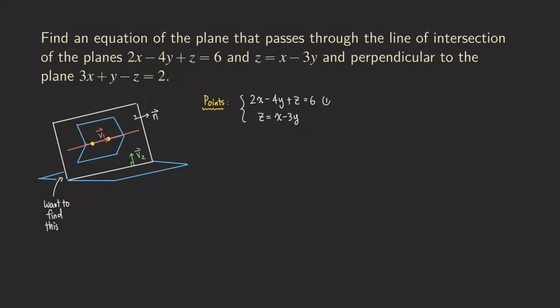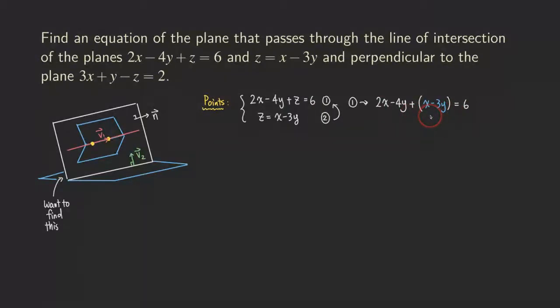If you substitute the second equation into the first equation, the first equation will give you 2x minus 4y plus z, and z is actually x minus 3y, is equal to 6. So I replace the z by x minus 3y, and then I get this equation here.